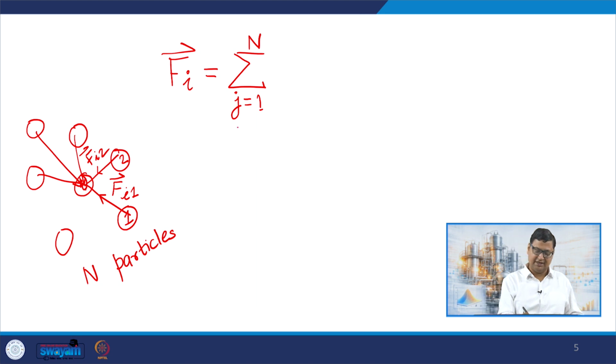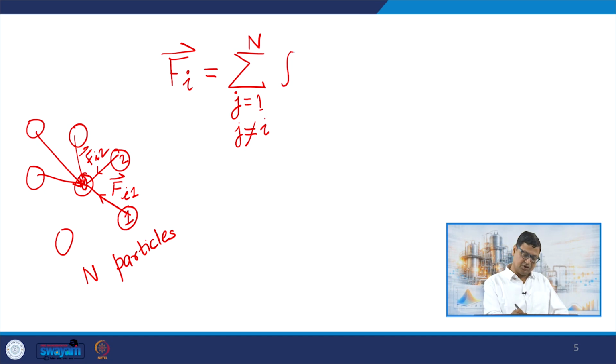So, we exclude the case when j is equal to i, and we will have these forces F_ij, right. So, in addition to the gravity force, buoyancy force, and the viscous force, now there is this new force that is coming from this interparticle interactions.